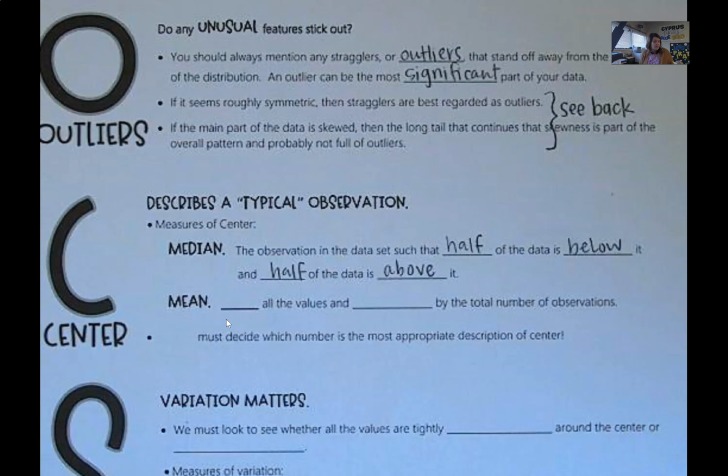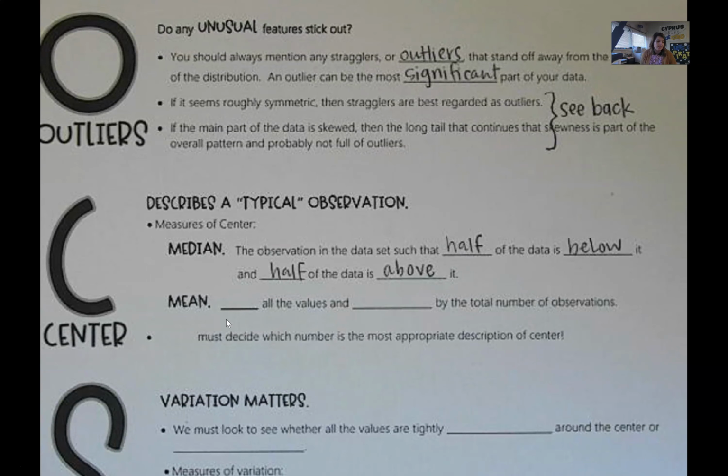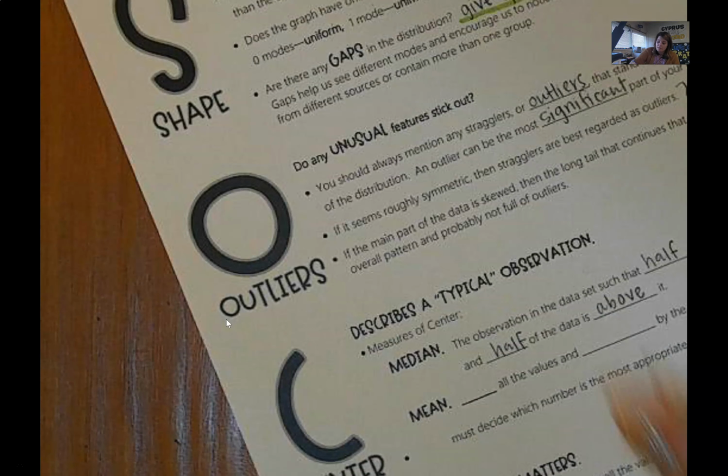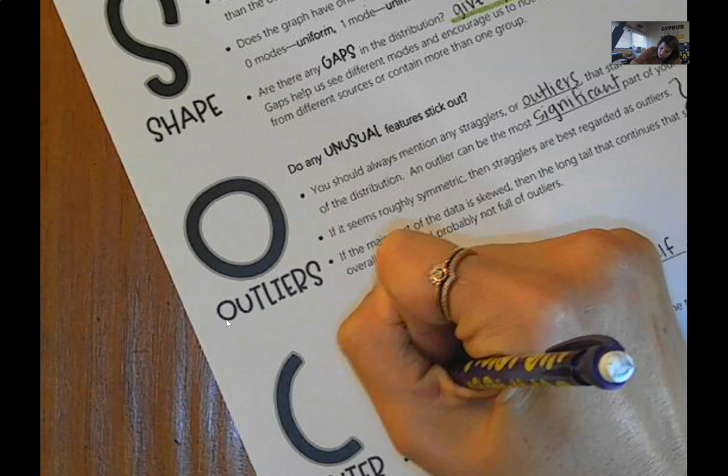And hopefully that sounds very familiar to you because we have discussed that several times. Now, there's a disadvantage to using the median, and the disadvantage is that it's a location. It is only one value. So the median is a location.